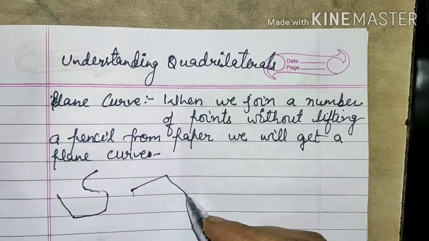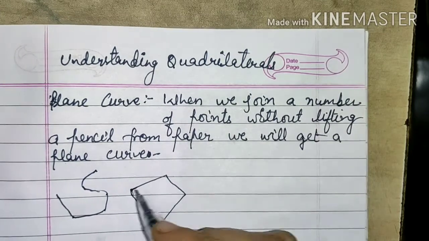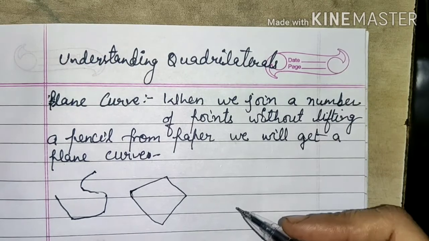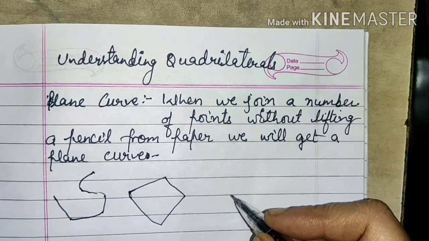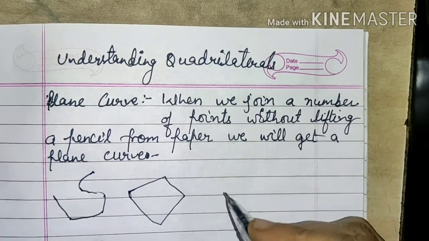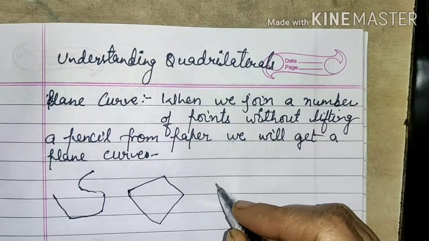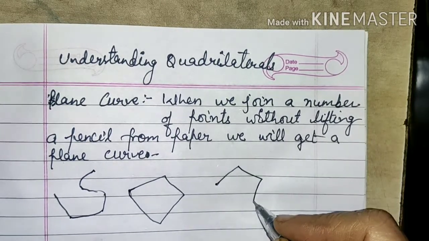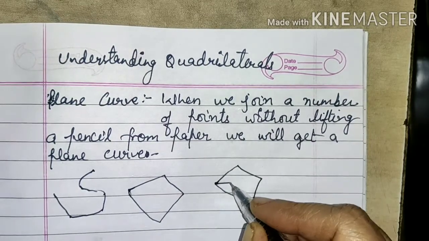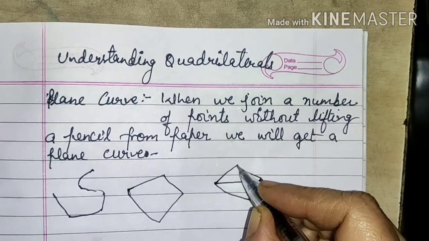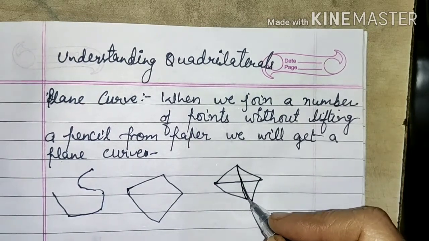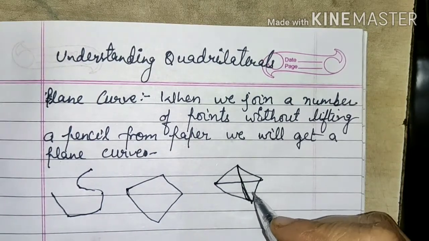It can be like this with the help of lines, and we do not need to pick up our pen. That means we have to draw without lifting. If we lift the pen to join this diagonal, then it is not a plane curve.